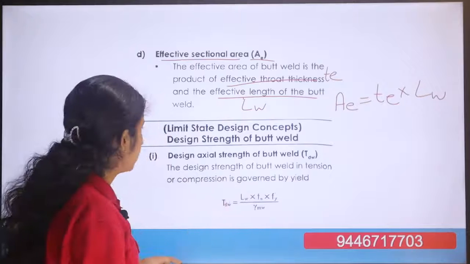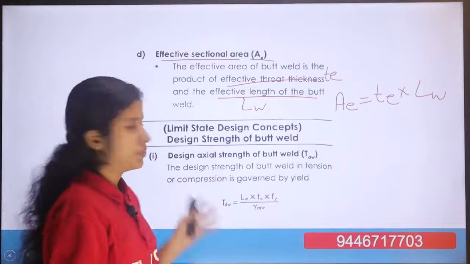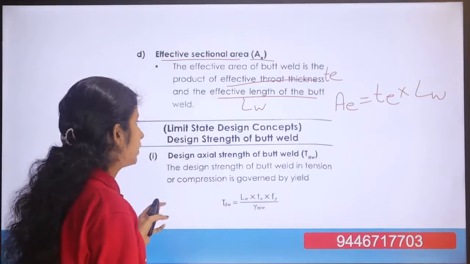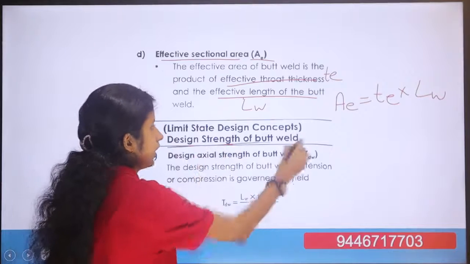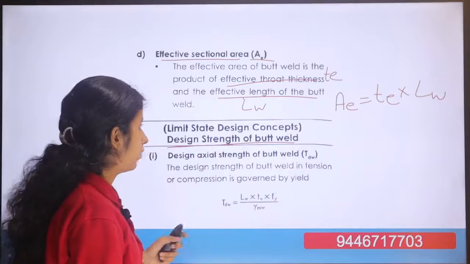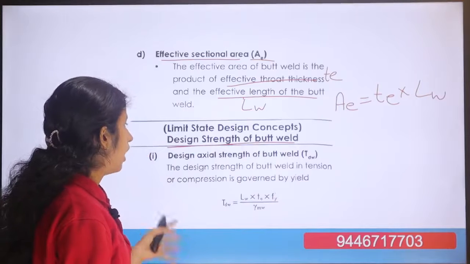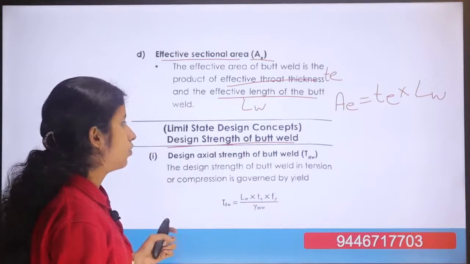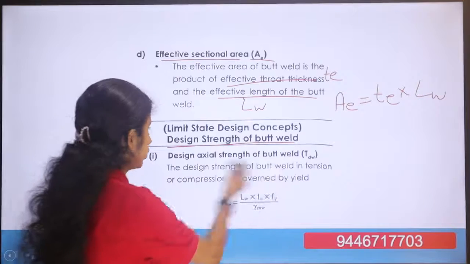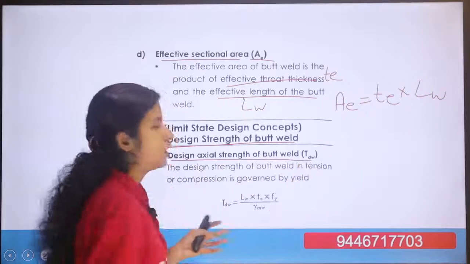Next topic is the limit state design concept, that is the design strength of butt weld. First is the design axial strength of butt weld, that is TDW.